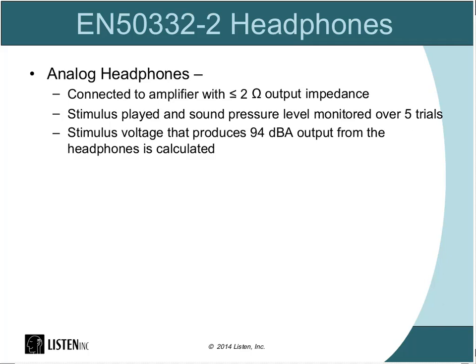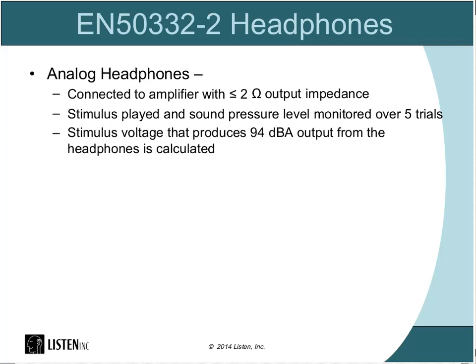So for this test, we'll be playing the stimulus signal directly from soundcheck, and then that will be sent through this amplifier to the headphones, and then we're going to monitor the sound pressure level through the ear simulators. And again, we'll be doing the 5 trials to average out the fit variation from one iteration of the loop to another.